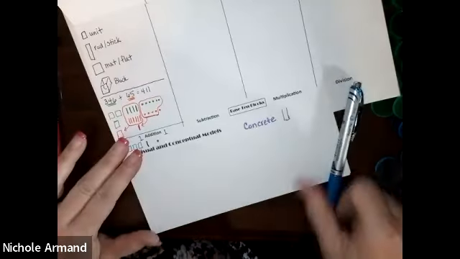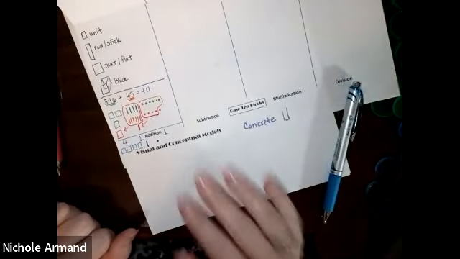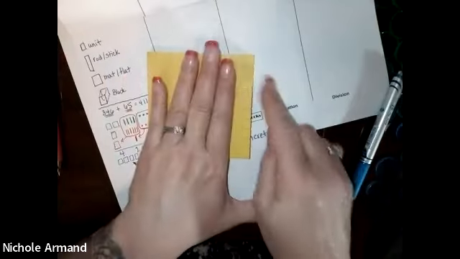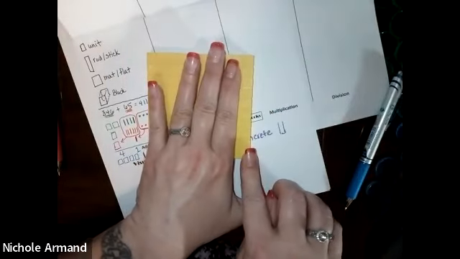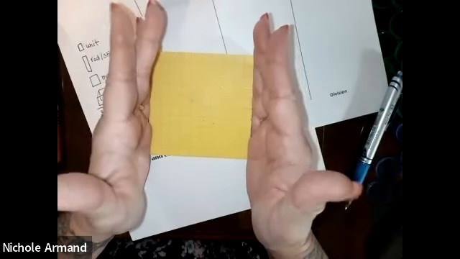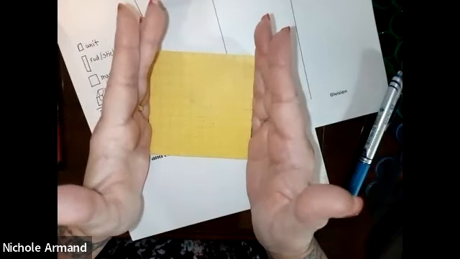So the reason we use base 10 blocks, and I'll demonstrate this in class, is because once you have 10 of these little sticks, you can lay them on top of this flat, and students can see that 10 sticks are equivalent to a flat.